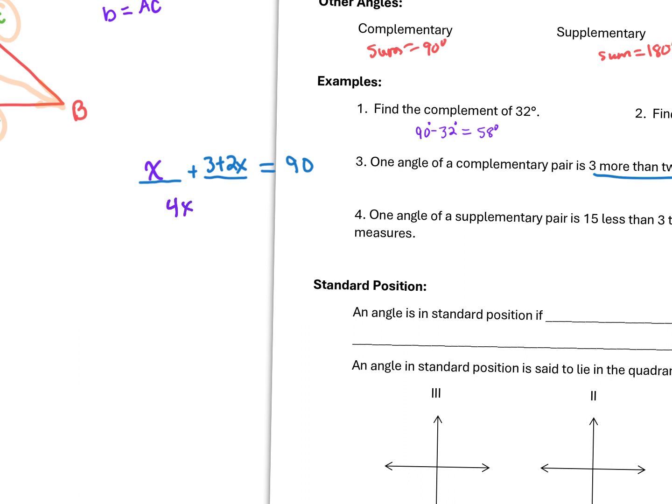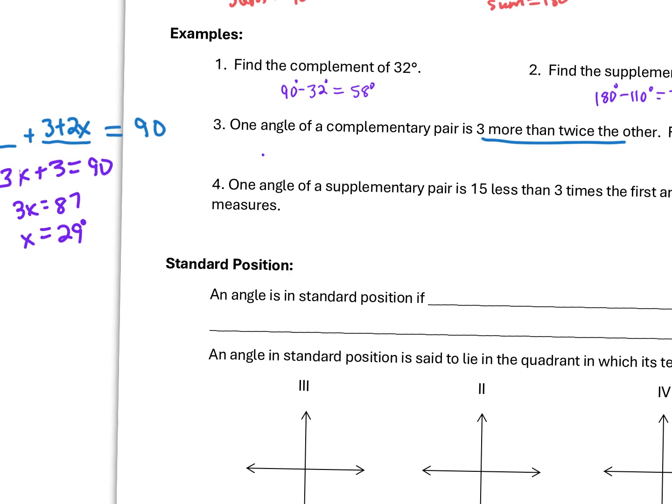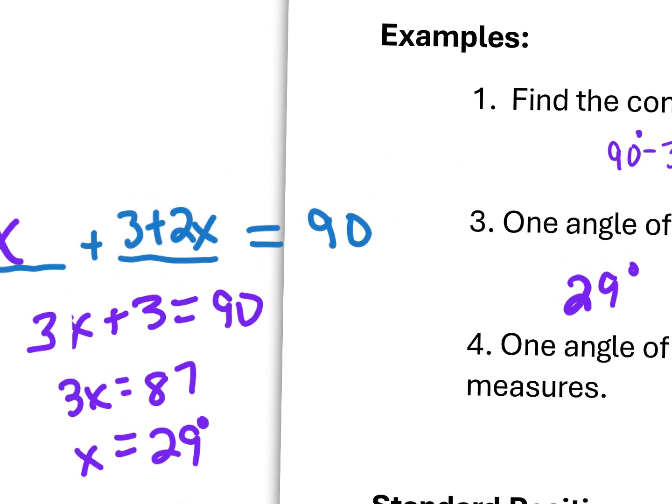So 4x, wait, wouldn't it be 3x? I'm sorry, 3x. Yep, sorry. Checking to see if you were awake. Okay, so 3x is 87. So x is 29 degrees. We're supposed to find both angle measures. My suggestion when you're doing this, actually plug the 29 into this 3 plus 2x.